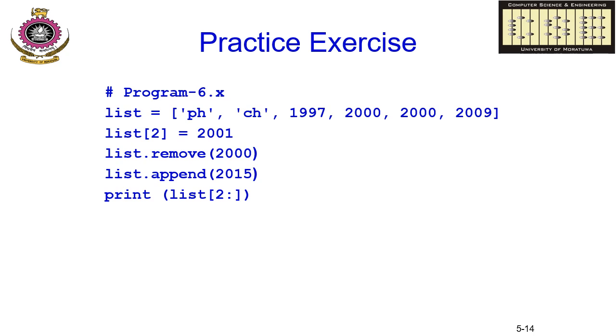In this case, it will slice until the end of the list. No matter how many elements there are, starting from index 2, it will go until the last index available in that list. That is the meaning of having no value after the colon in the slicing operation.